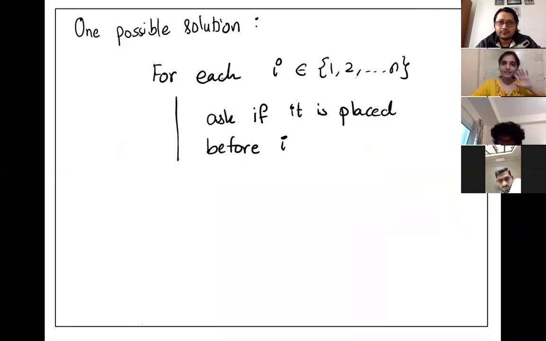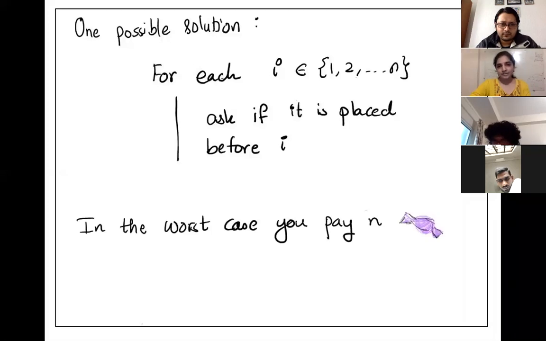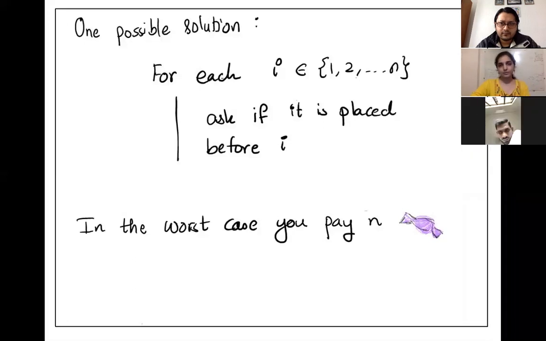If you apply this strategy, then there exists a positioning of the watch, which is in fact under the last glass, which will force you to pay n chocolates to your brother. So this is called the worst case analysis of the problem. That is, you use this strategy, and in the worst case, that is, for the worst possible placement of the watch from your point of view, you will end up paying n chocolates to your brother.